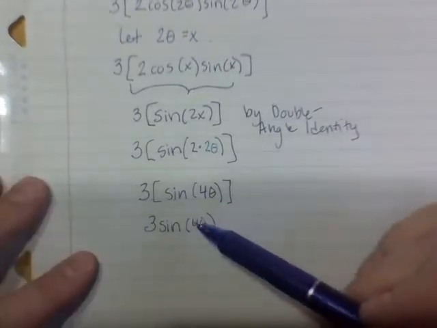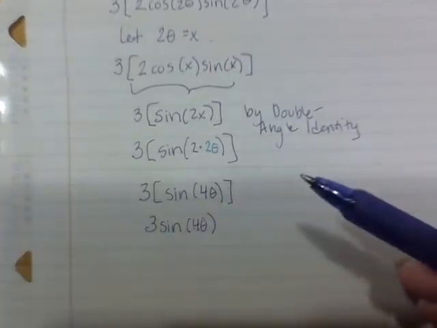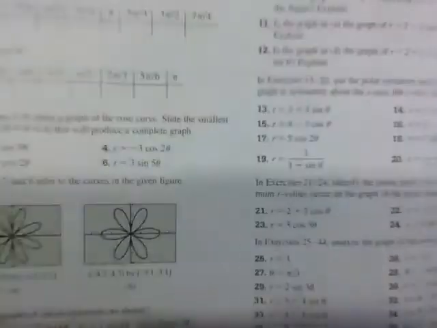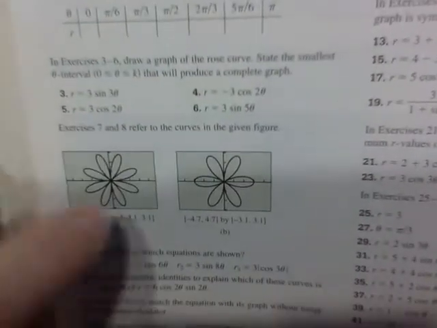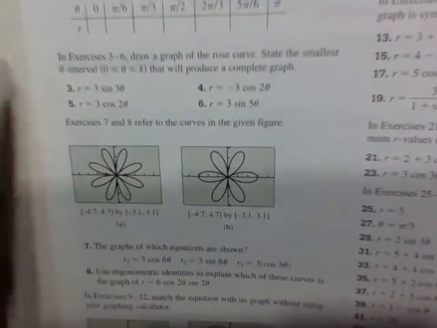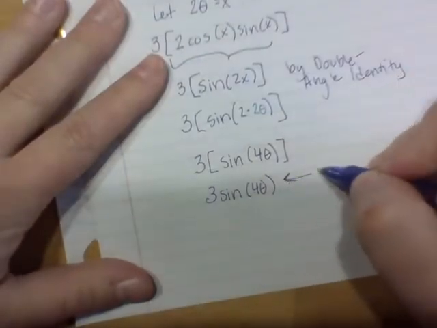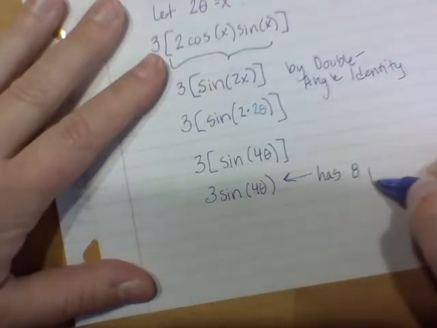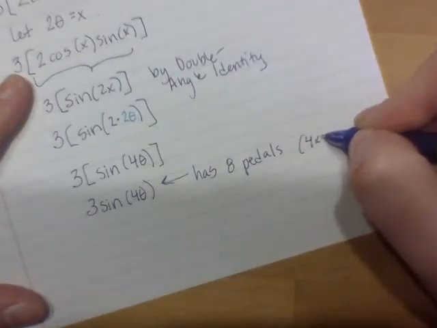And so taking a look at 3 sine of 4 theta, remember that these were our options. And if it's 3 sine of 4 theta, that means that there's going to be 8 petals. So we're having 8 petals from 4 times 2.